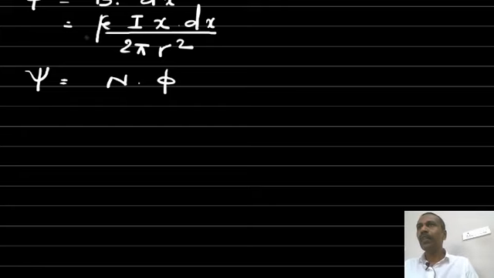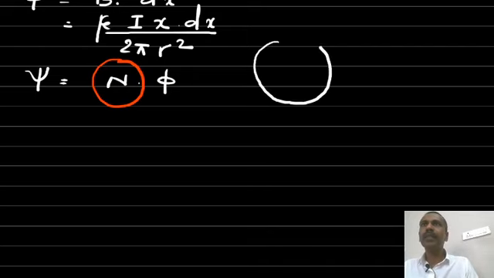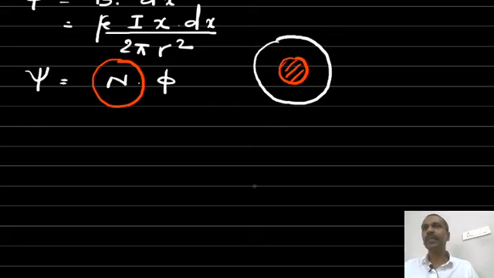Now what is the value of N? Actually we do not consider even a single conductor. We have considered only a portion of the conductor, because this is the conductor we considered, and we consider only a small portion of the conductor, which is having a radial length x meter.